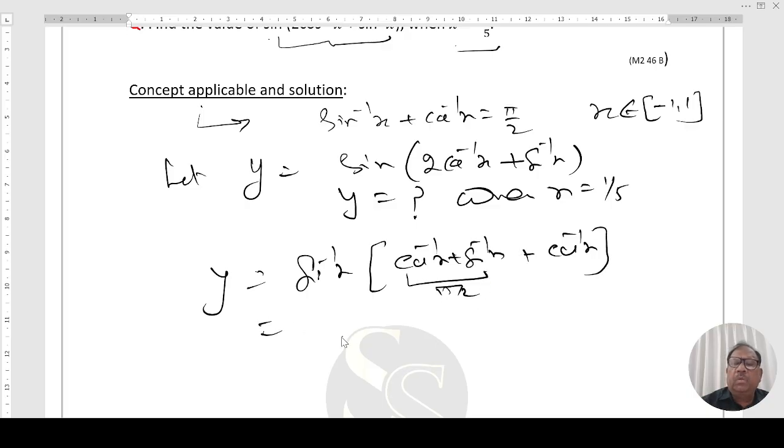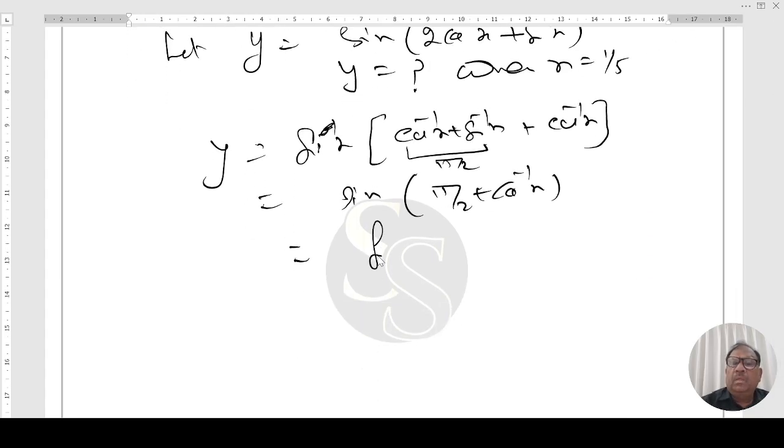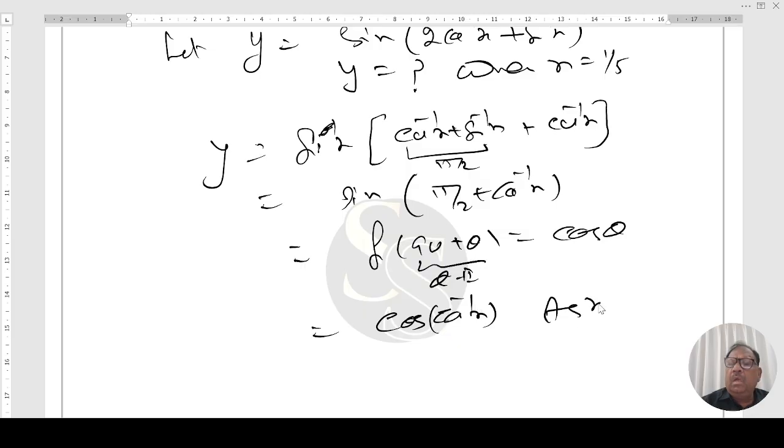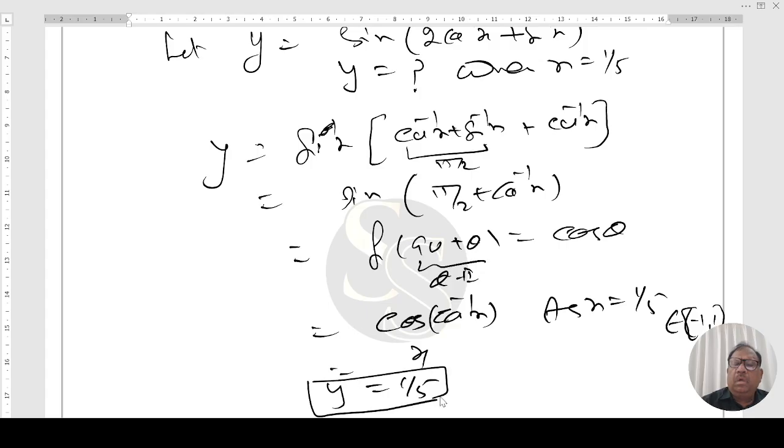Instead of this we put pi by 2, so this comes out to sine of pi by 2 plus cos inverse x. As you know, sin 90 plus theta, that is cos theta, quadrant second. So this comes out to be cos inverse x, as x equal to 1 by 5, which belongs to minus 1, 1. Therefore x, that is 1 by 5. This is the answer. Alright, next question.